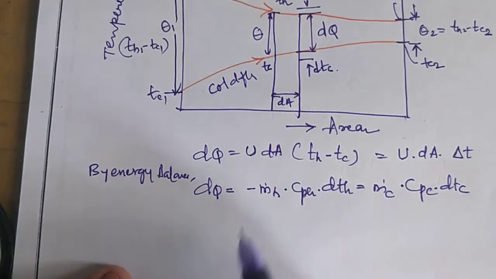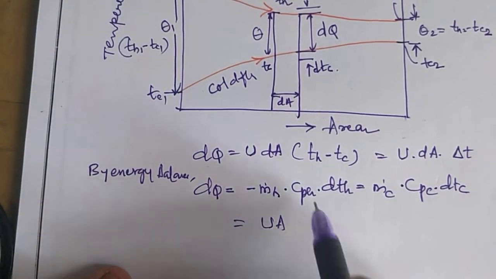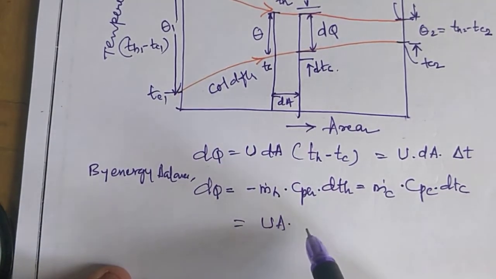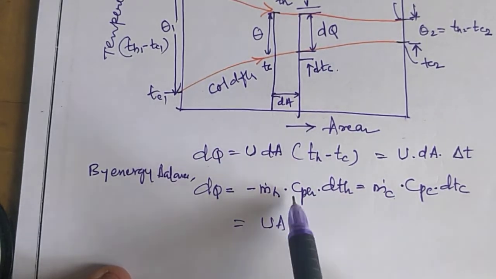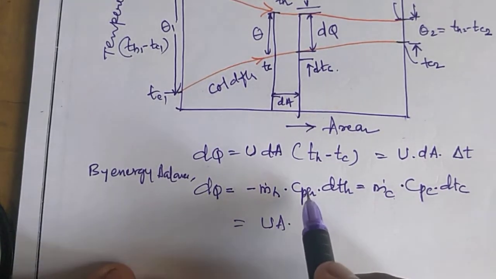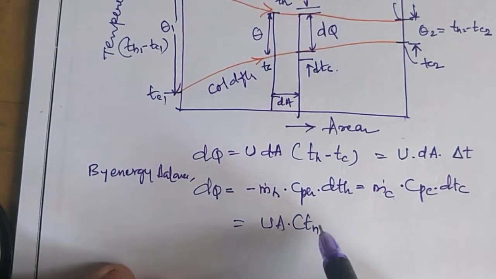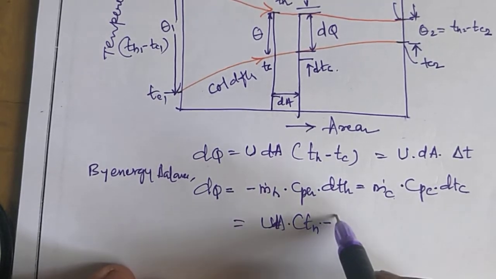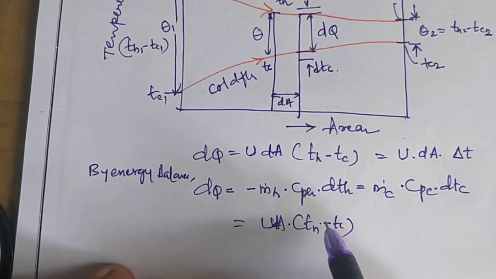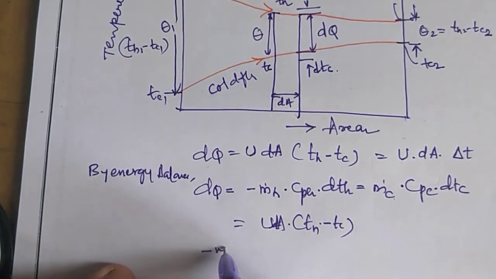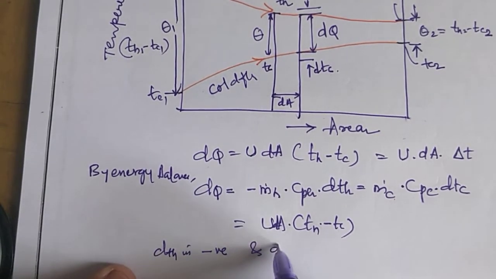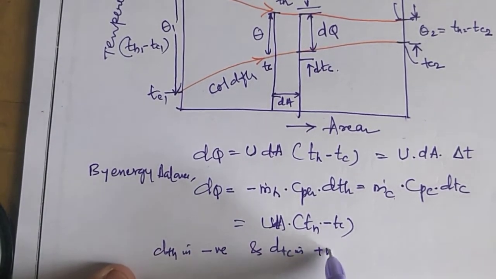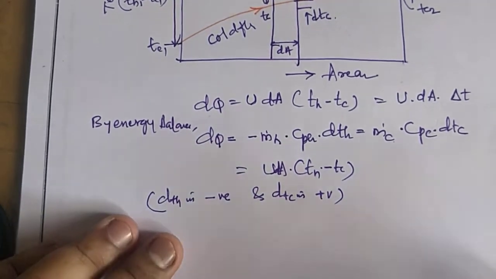Now we can write dQ is equal to U dA (TH minus TC), and because mH, mC, CPH and CPC are all constant, we only consider the temperatures. Here dTH is negative and dTC is positive, keep that in mind.